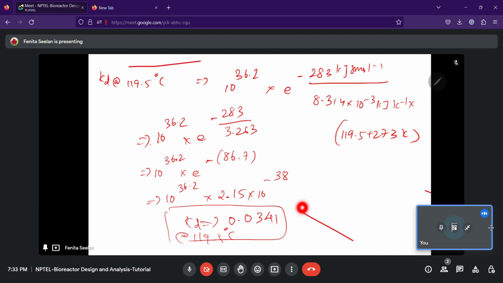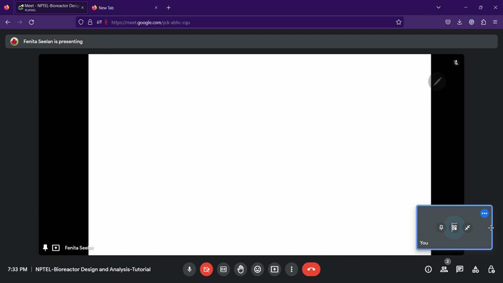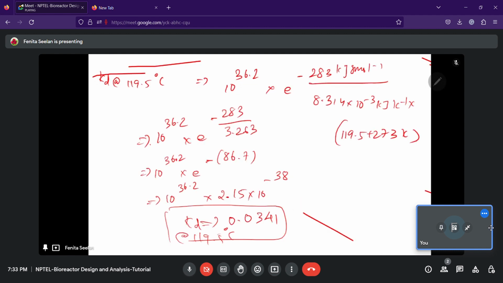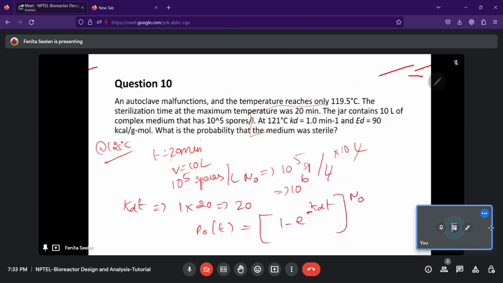That is Kd, sorry. We have to solve P naught of t is equal to 1 minus e power of minus Kd t into N naught.